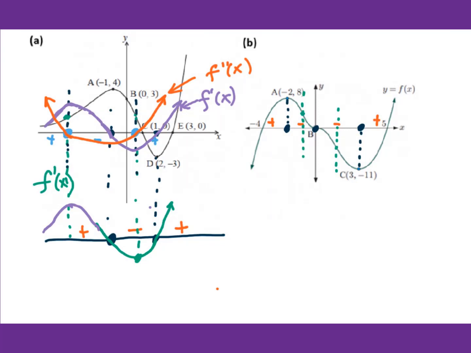Okay, you can sketch the graph now. If it's a negative, so you will draw like this. You need to make sure the minimum point is on this inflection here.